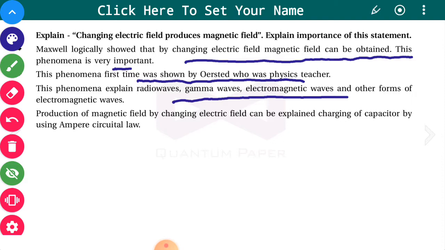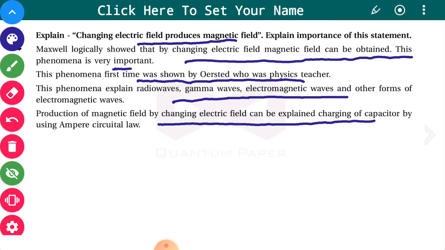So by changing the electric field, we produce the magnetic field.